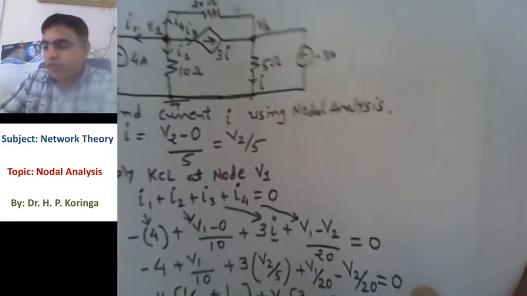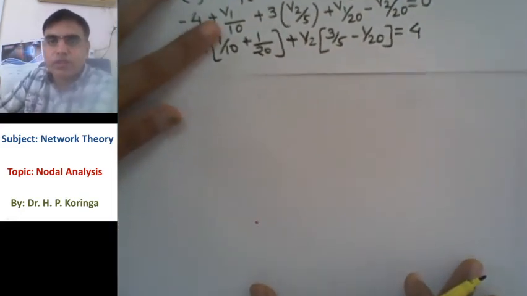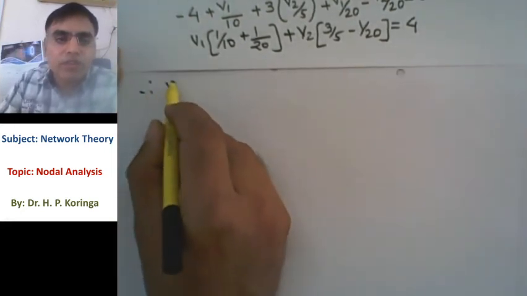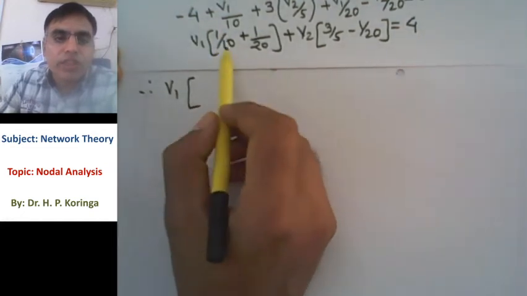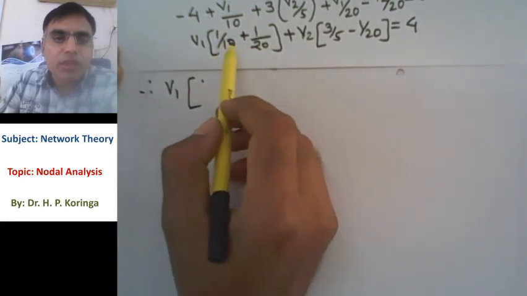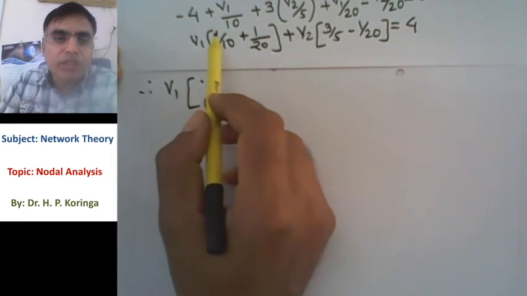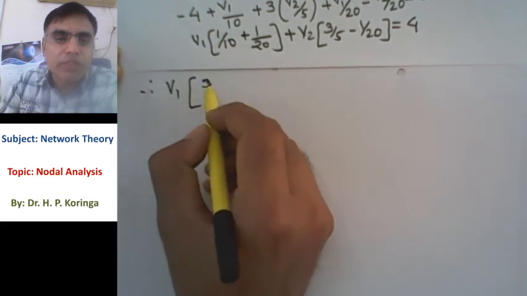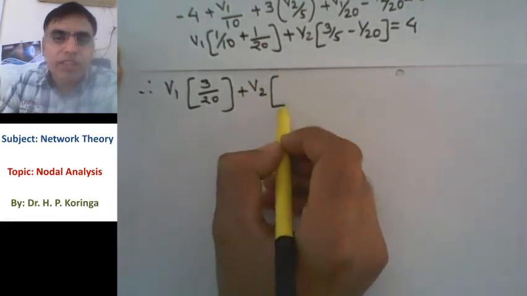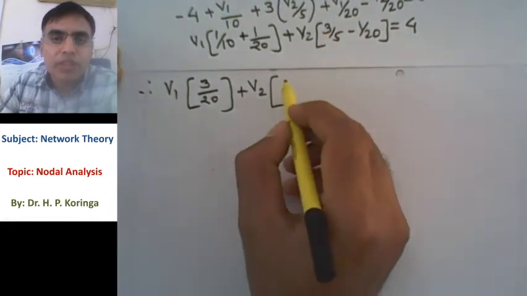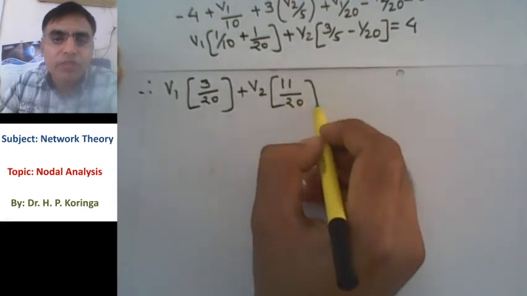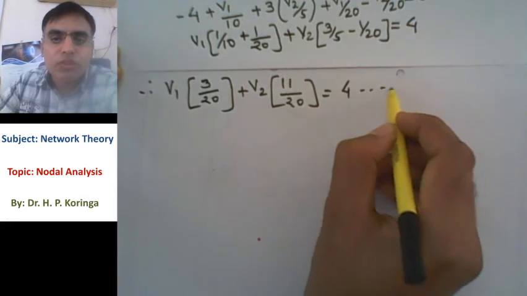For V1, taking LCM 20, it is 2 plus 1, so 3 divided by 20. Similarly for V2, it is 4 multiplied by 3, which is 12, minus 1, so 11 divided by 20, is equal to 4. So this is our equation 1.